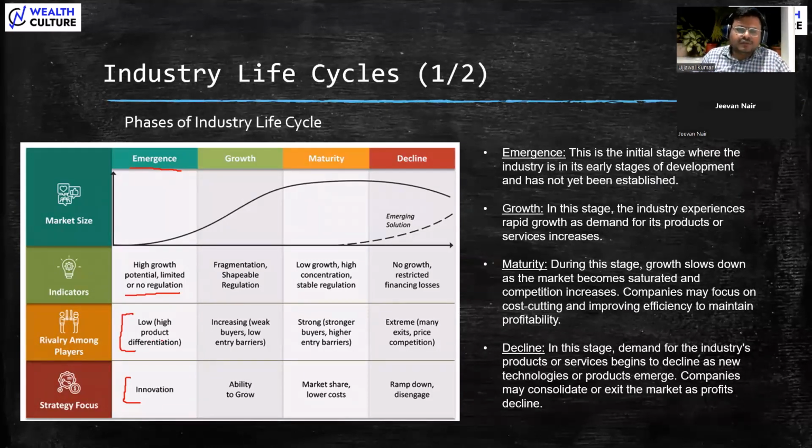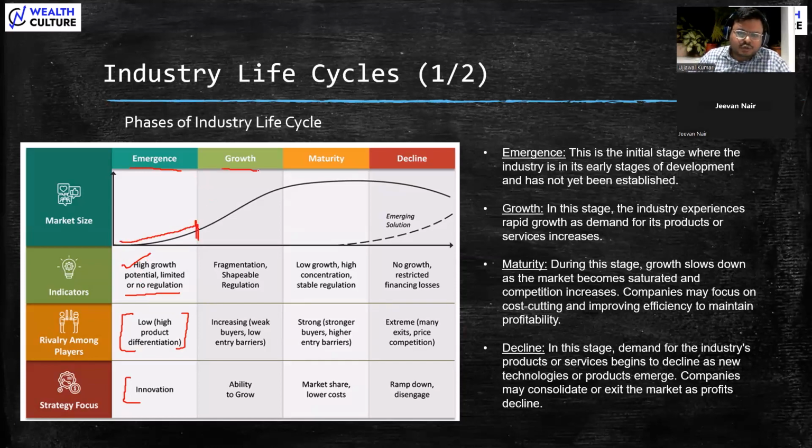So very low competition, and hence there is high product differentiation because there's no copying that is happening. Right, there are very few Me Too players at this point of time, and these have fairly high growth potential. So that's the initial phase.